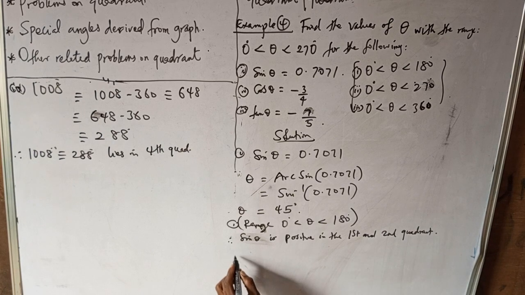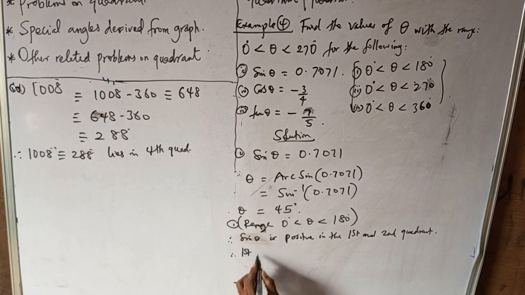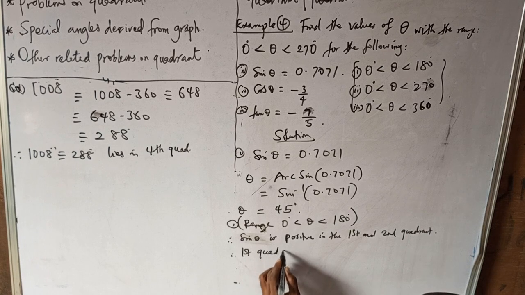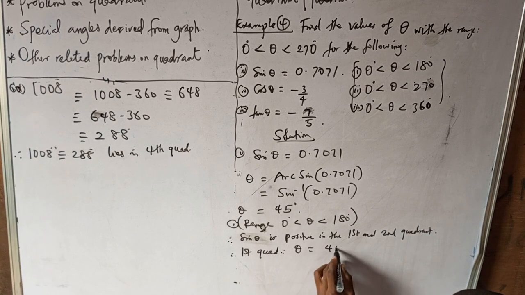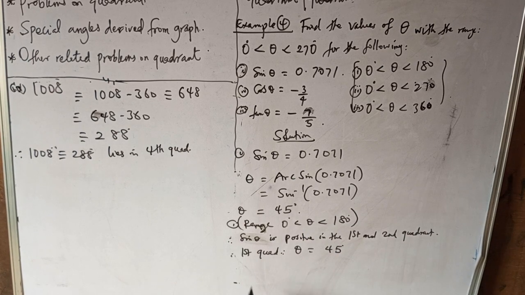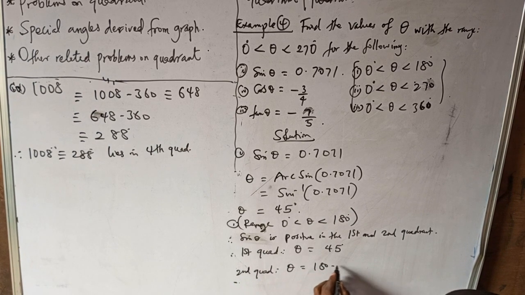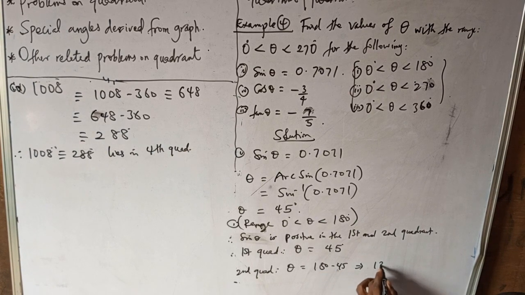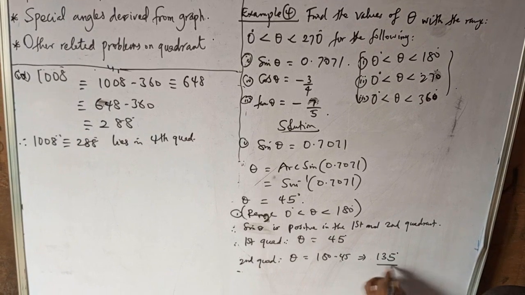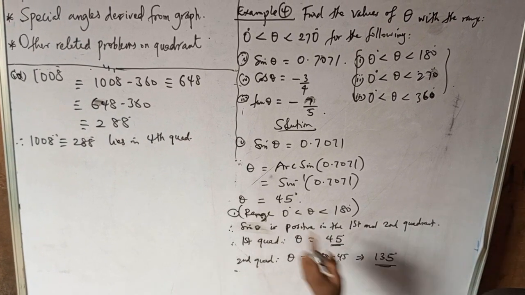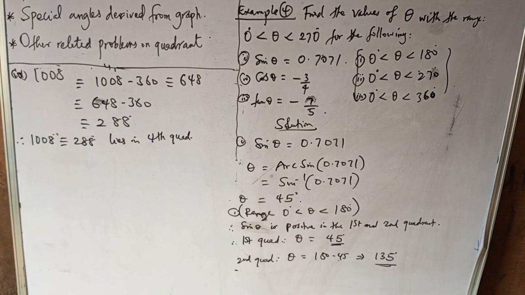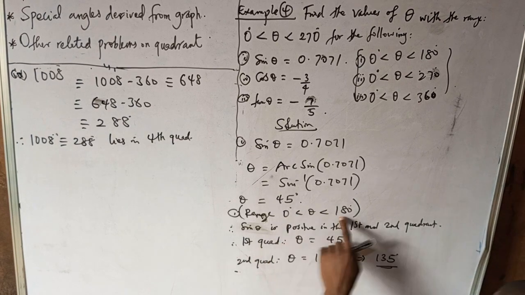Which means that for the first quadrant, my theta is going to be 45 degrees, which is what I got here. While for my second quadrant, my theta is going to be 180 minus 45, which will give us 135 degrees. So these will be your two answers. You are not going to get only one answer. Now that is for between 0 and 180.